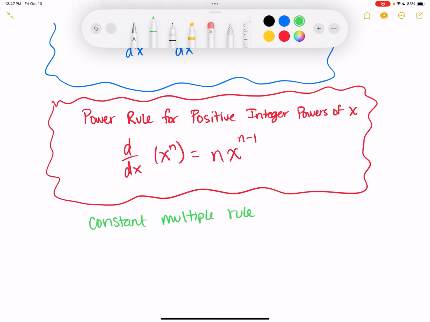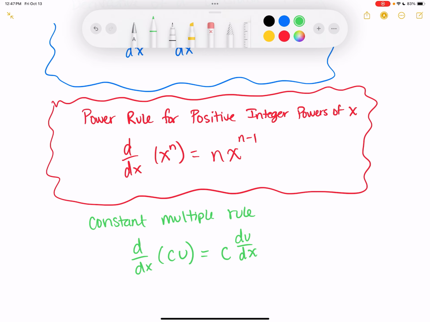All right, your constant multiple rule. So this is a little different than the derivative of a constant function. If u is a differentiable function of x and c is constant, then d dx of cu is equal to c times du dx. So we would take the derivative of whatever the function u is with respect to x.